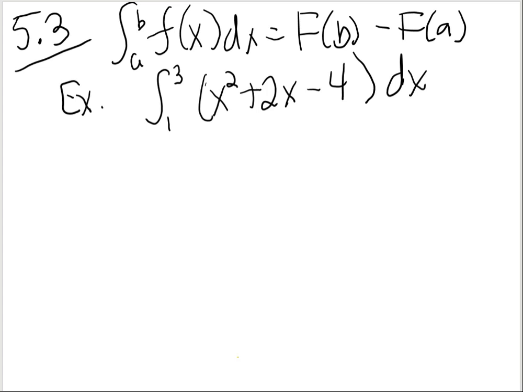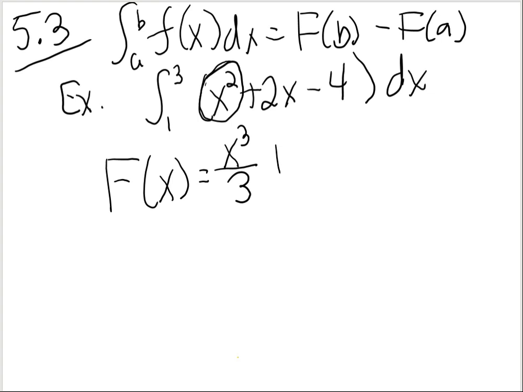What is my antiderivative going to be? It's the power rule for antiderivatives: you add 1 to the power, and then divide by the new power. So this is x cubed over 3, and then 2x goes to 2x squared over 2, and then minus 4x.